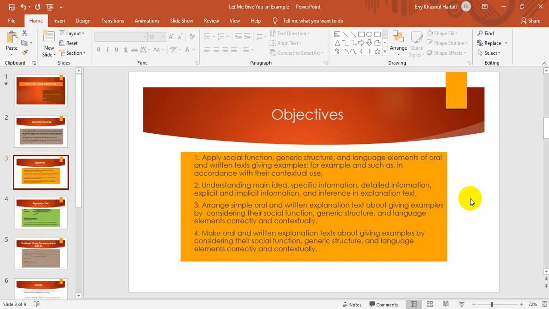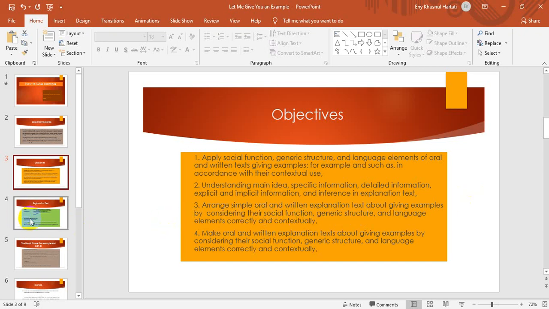Thus, make oral and written explanation texts about giving examples by considering their social function, generic structure, and language elements correctly and contextually. Okay, I think that you have known about what we will get from this studying today.